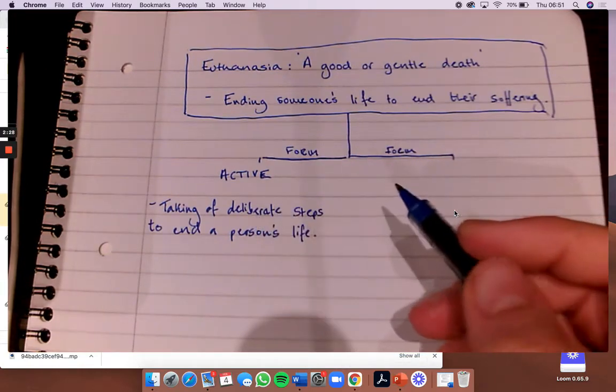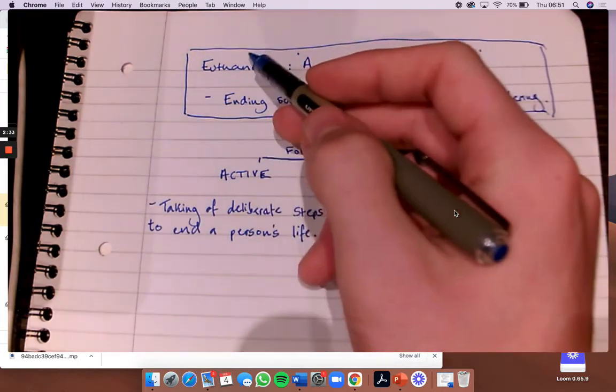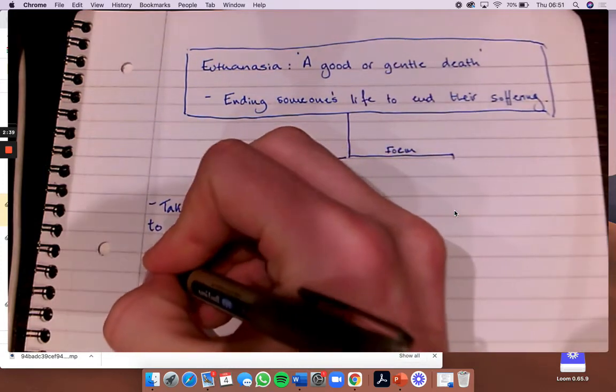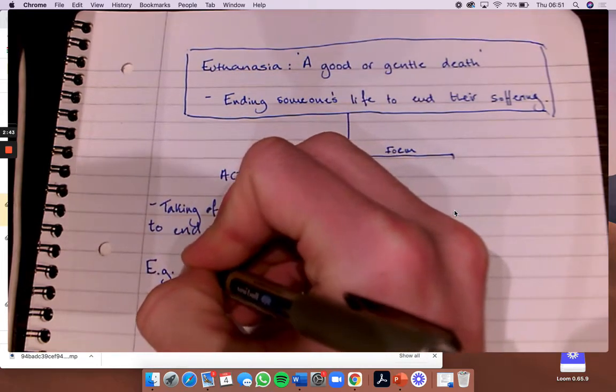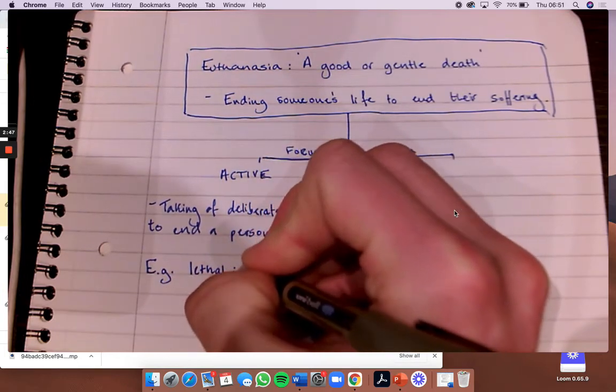Can you think of an example of active euthanasia? Brilliant. A good example would be lethal injection.